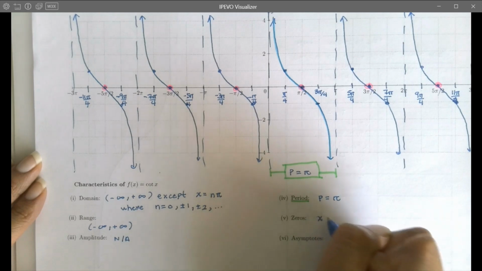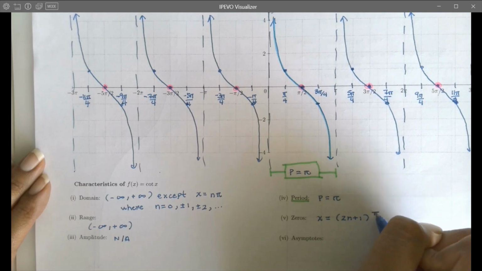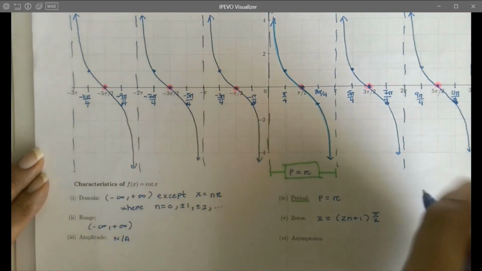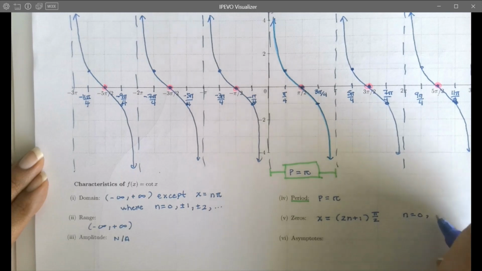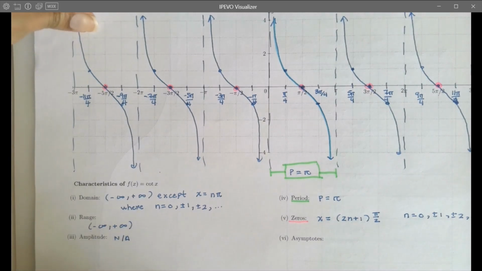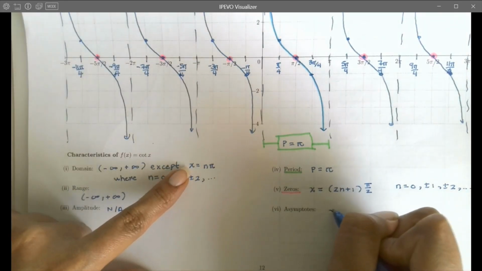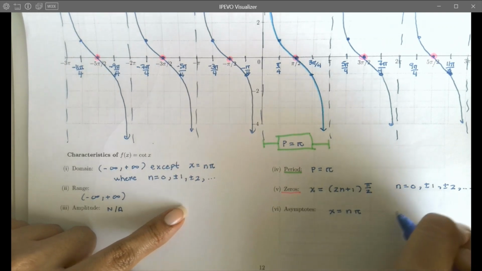So the zeros are at odd multiples, so that's 2n plus 1 times pi over 2, where n is 0, plus or minus 1, plus or minus 2, and so on and so forth. Okay, and finally the asymptotes. The asymptotes are going to be given by whatever we excluded from the domain, which in this case was x is equal to n pi, where n is any integer.